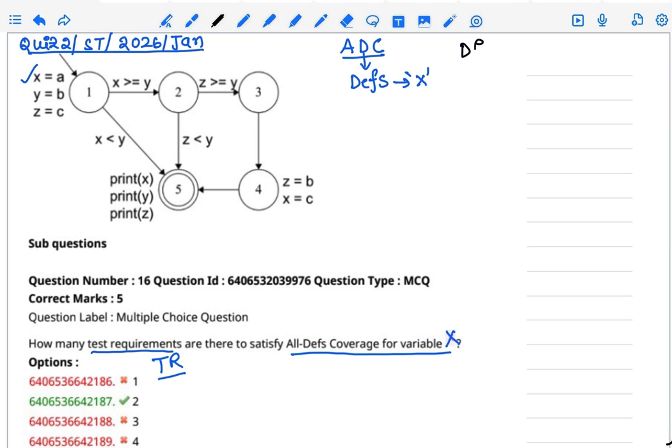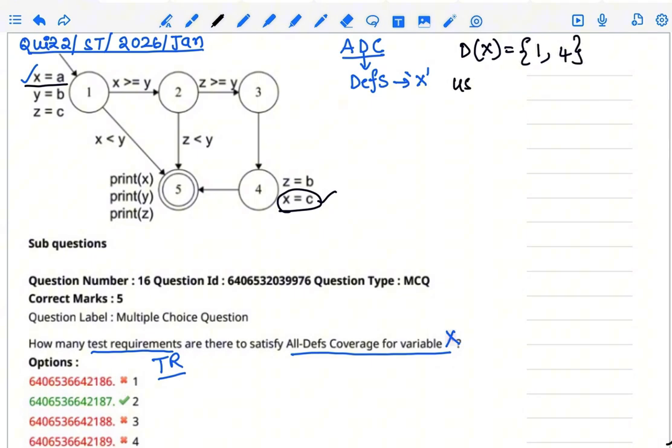X is defined at node 1, that is x equals a at node 1. And x is defined at node 4, that is x equals c. So these are the definitions of x.